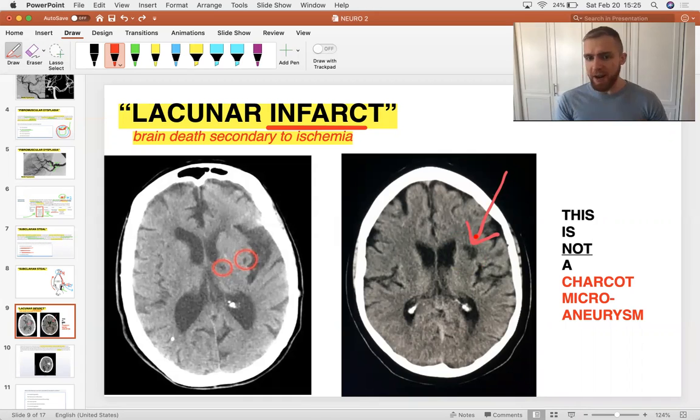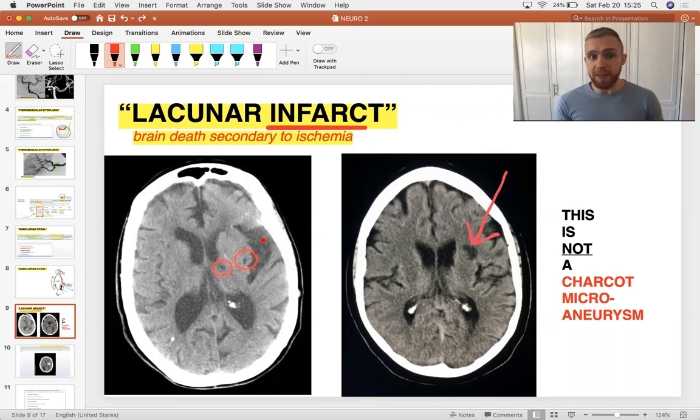in the middle of the brain, in the center of the skull, right next to the ventricles. And what that's going to tell you is that these are perforating arteries that usually supply the basal ganglia and the thalamus. These are not cortical arteries, so you don't see cortical symptoms with a lacunar infarction. You see usually pure motor symptoms typical of a basal ganglia stroke.